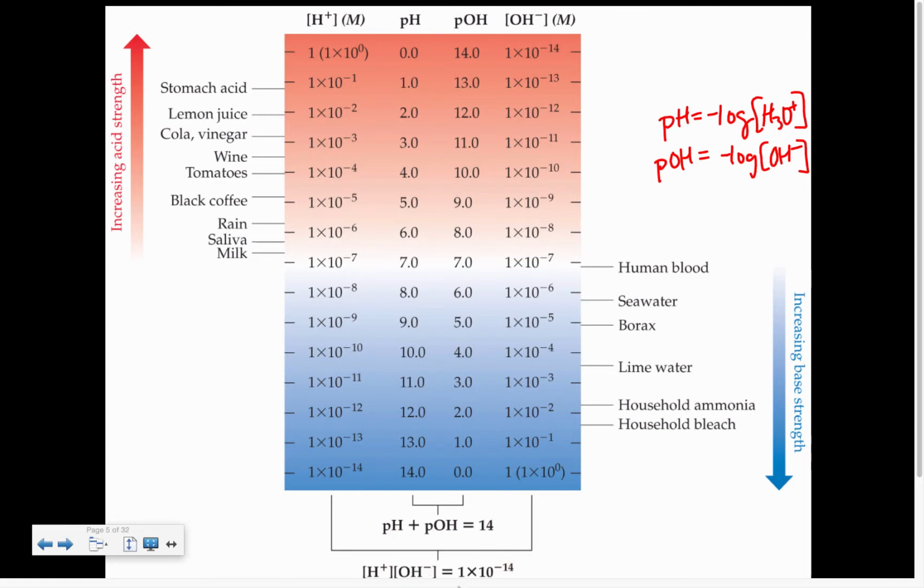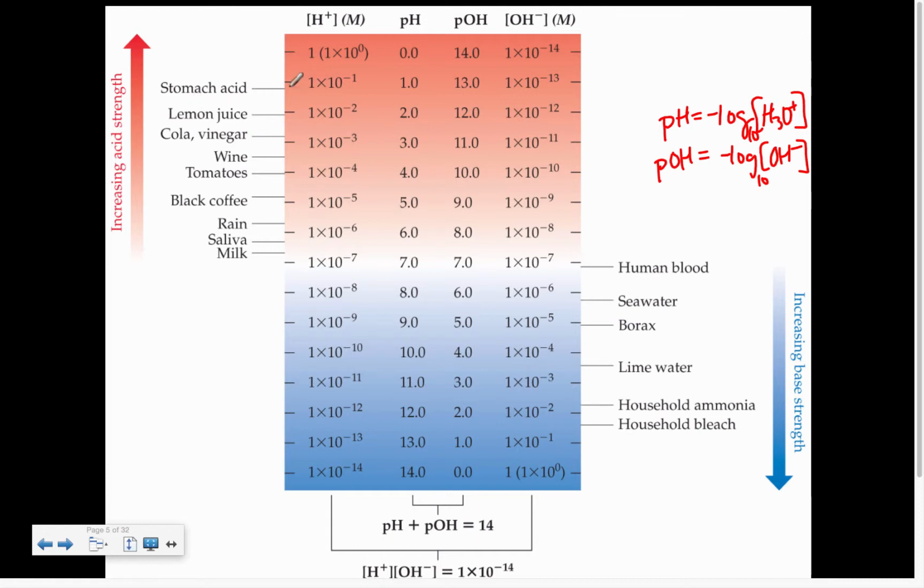And this goes back to the properties of logs. Now, important to note that log scales go on a base 10 system, which means that a difference in one pH unit is a difference in an order of 10. One pH unit is an order of 10 in terms of difference in concentration.